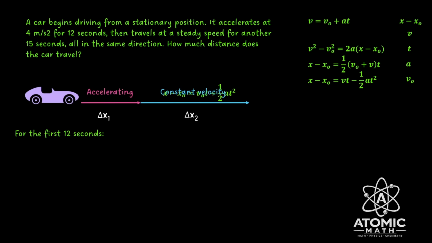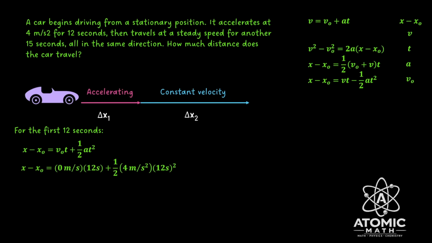We're going to use this equation here because I don't know the final velocity when I finish accelerating, so I'm going to use the equation that doesn't require it. In this equation, we can see that the distance traveled will be the initial velocity multiplied by time plus 1/2 times the acceleration times time squared.